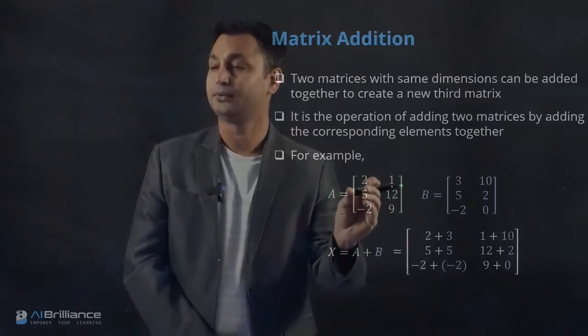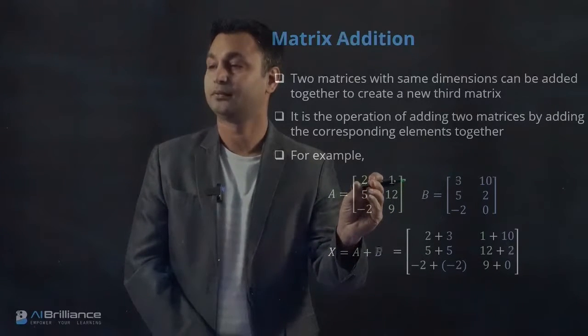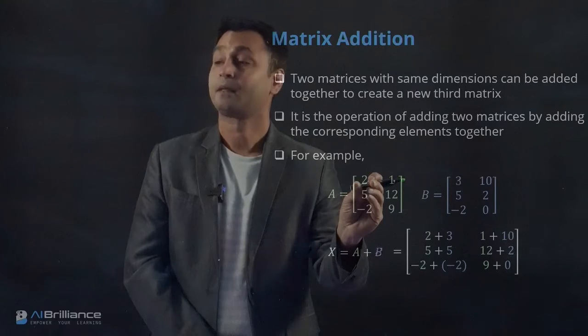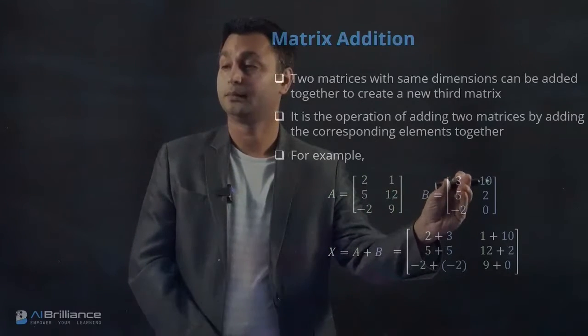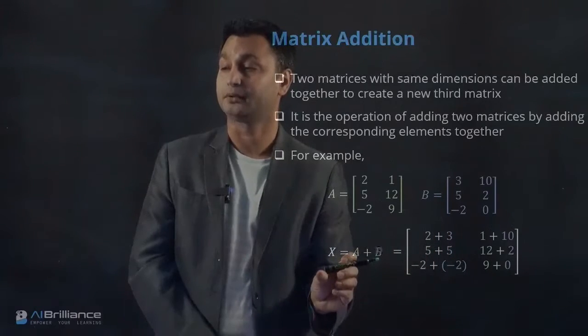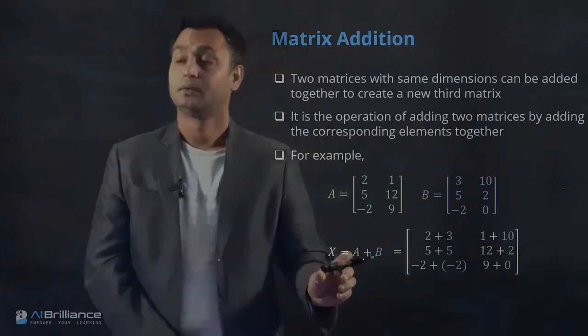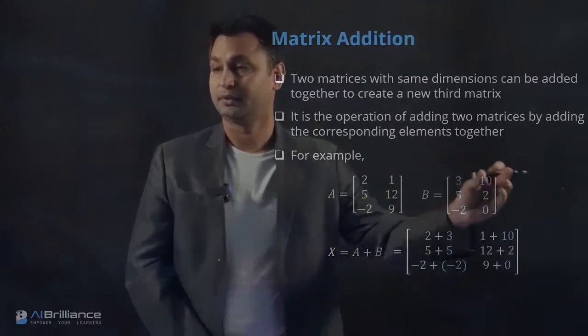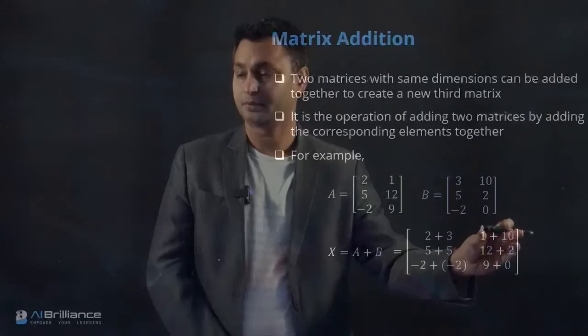How is this operation carried out? Essentially, I take the 1 1 element of the A matrix and the 1 1 element of the B matrix, add them together, and that becomes the 1 1 element of the X matrix. Similarly, I can take this 1 and this 10 and add them at the corresponding location.